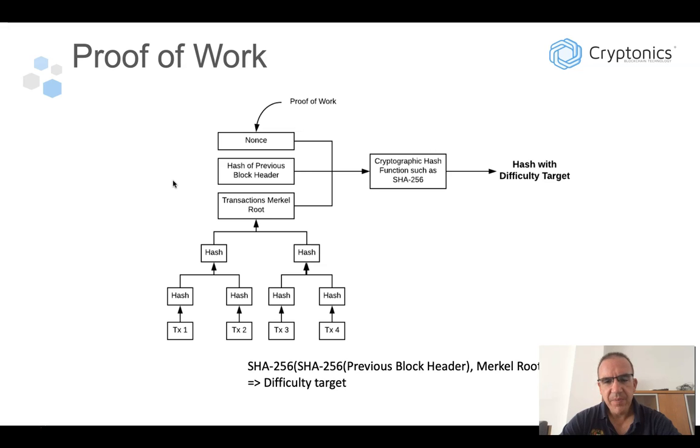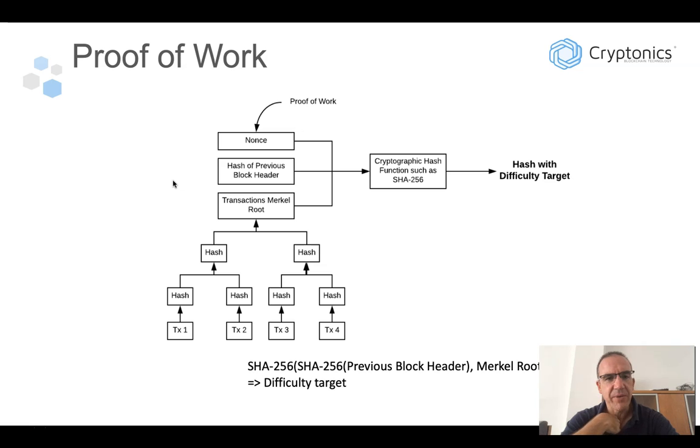And there's a difficulty target for this. Basically, it should be below a certain number, or it should be starting with a certain number of zeros, which is essentially the same thing. They are calculating in Bitcoin the SHA-256 hash, and the difficulty target is calculated so that on average it should take about 10 minutes in the network.